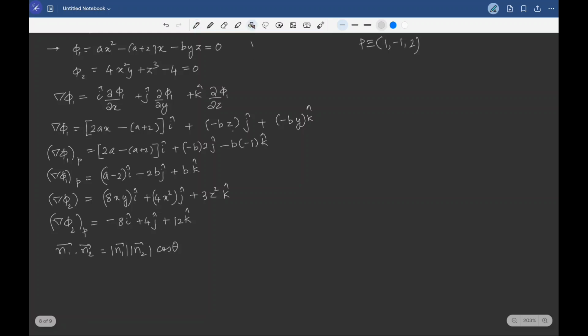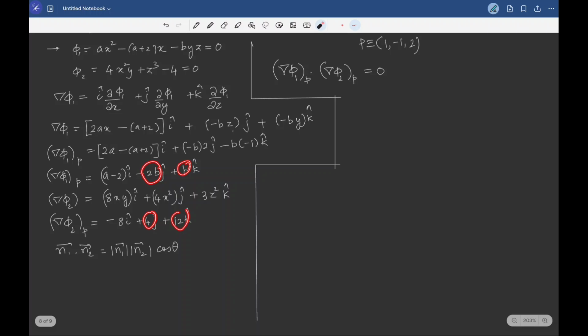So simply we have to just find the dot product first. So how to find the dot product? Del phi 1 at P dot del phi 2 at P is equal to 0. To find the dot product, just multiply the coefficients of i cap here and add with this. So we get minus 8 times a minus 2, plus 4 times minus 2b, plus 12b is equal to 0.